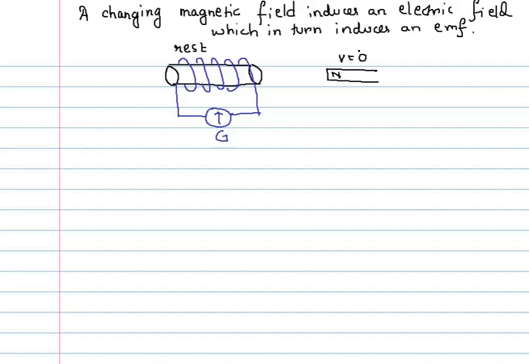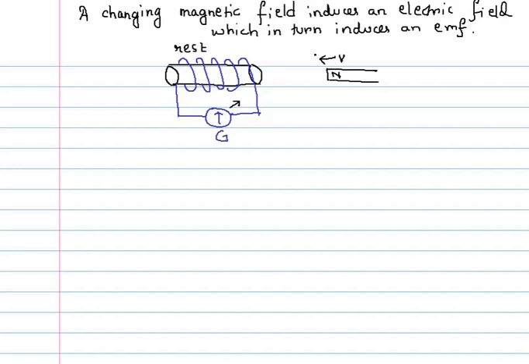But now suppose this permanent magnet is moved with a velocity v towards the solenoid, which is still at rest. In this case we find there is a deflection in the galvanometer. What will be the direction of the deflection? We will determine that shortly, but for the moment let us assume that it is deflecting towards the right hand side.